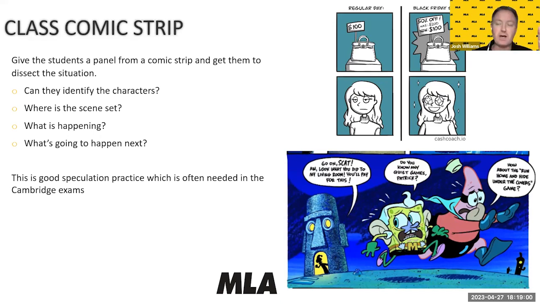Now, B1 level, it's usually just describing the picture, but moving through B2 and C1, you need to speculate a bit more: why you think the people are there, what you think they're doing. And comics are probably going to be much more interesting to your students than just a picture.